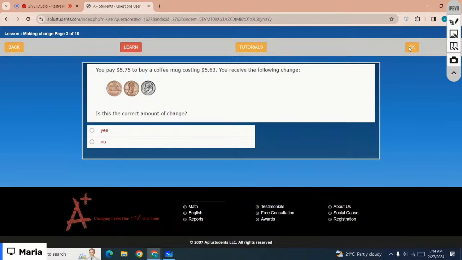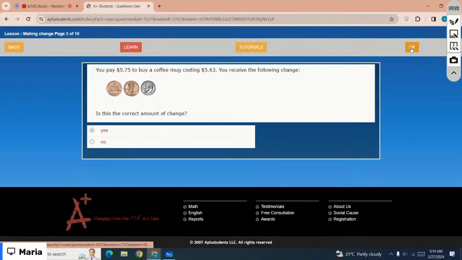The correct option is, you must have 12 pennies, right? So the correct option is yes. Which coin? Yes, I think they are not the Canadian coins.